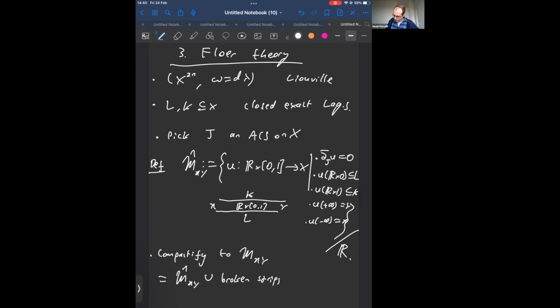These look like, instead of this thing, something where I go from X to Y, but I break at some other intersection point Z. Sorry, I should have said that X and Y are intersection points between L and K.